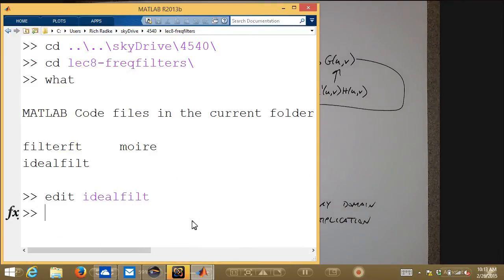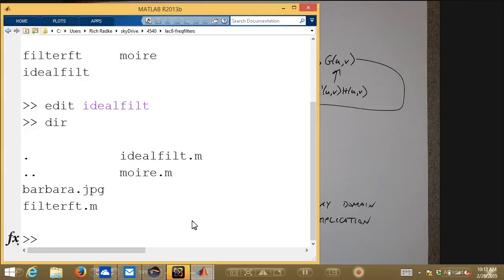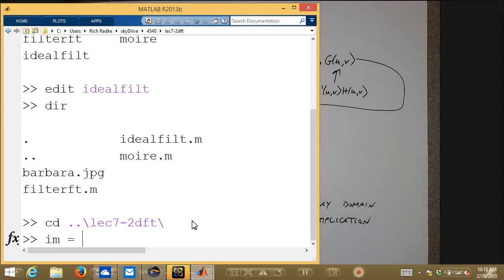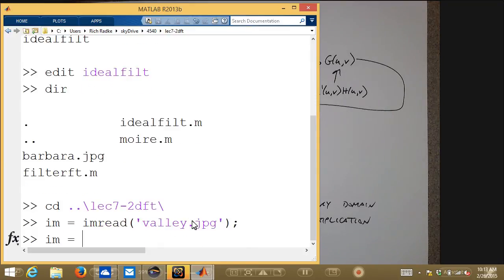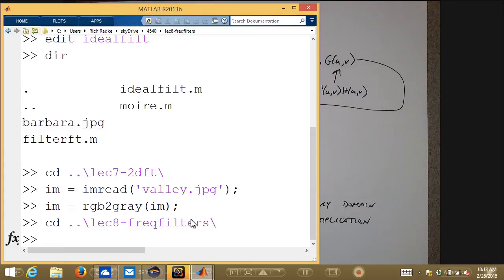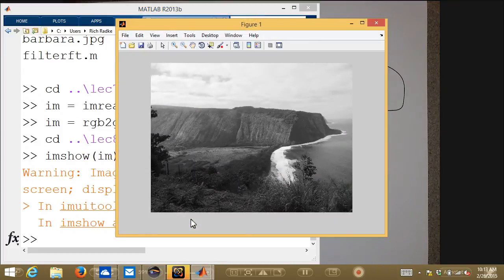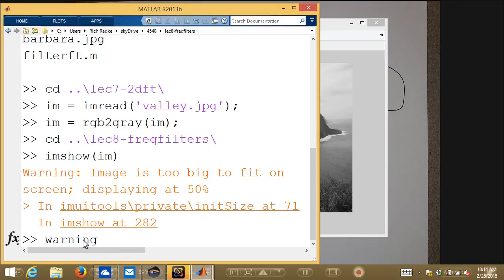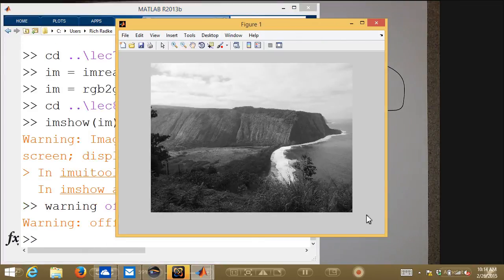So let's choose an image. Let's use my valley image from last time and make that a grayscale image. Okay, so here's my image. And warnings off so I don't get these warnings.